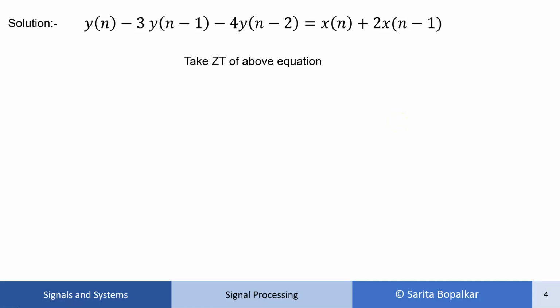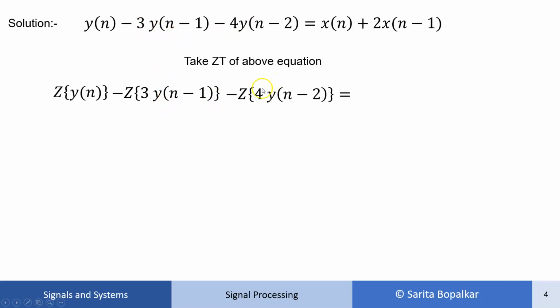Here initial conditions are not given, which means we assume all initial conditions are 0, and we can take the Z transform easily. Z transform of y of n, minus Z transform of 3y of n minus 1, minus 4y of n minus 2, equals Z transform of x of n plus 2 times, taking 2 outside as a constant, Z transform of x of n minus 1.